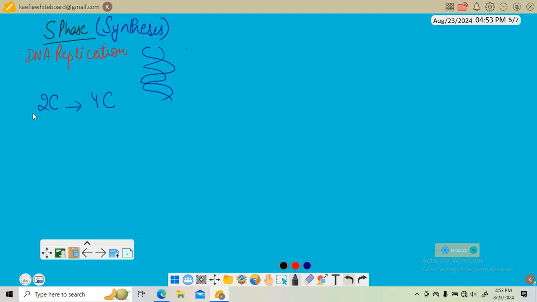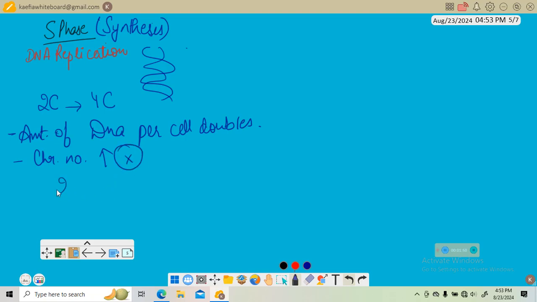And here the amount of DNA per cell doubles, and the chromosome number will not increase, it will remain the same as it is.